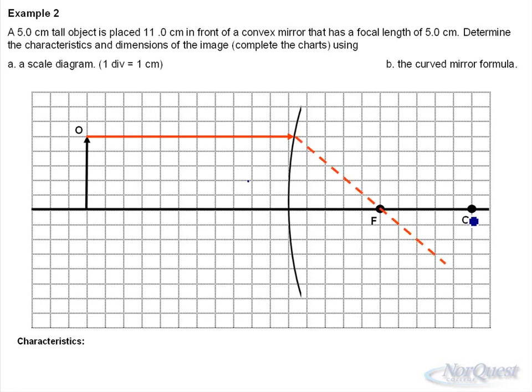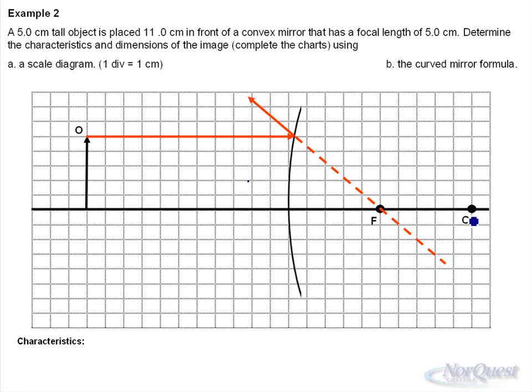So I tend to draw that ray from the focal point to the mirror, and notice I draw it dashed because it's a virtual line, and then the actual reflected ray will follow along that line. So it appears to come from behind the mirror. Doesn't really, but it appears to come from behind the mirror. That's the little bit different with a concave mirror compared to the convex.